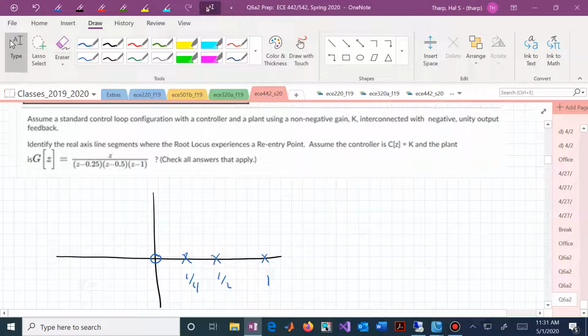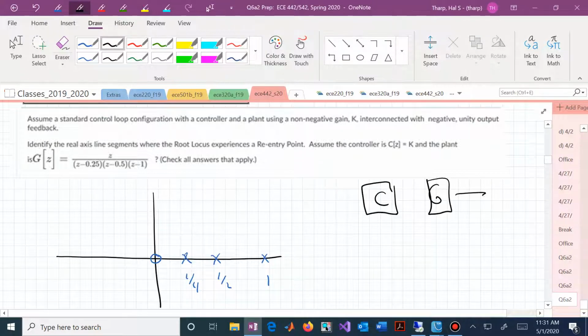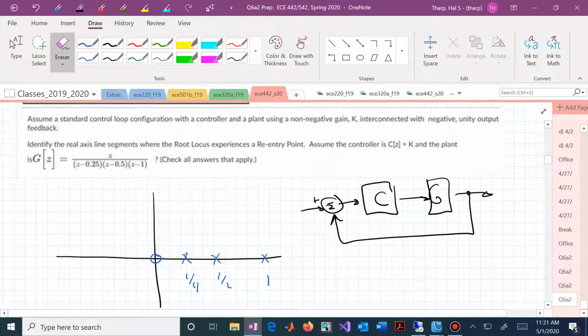Here, and again, all of these are assuming our standard block diagram. We have our controller, we have our plant, and that's now a negative unity output feedback. Instead of me continually trying to insert that figure into these problems, I've tried to include a sentence that describes the interconnection structure.